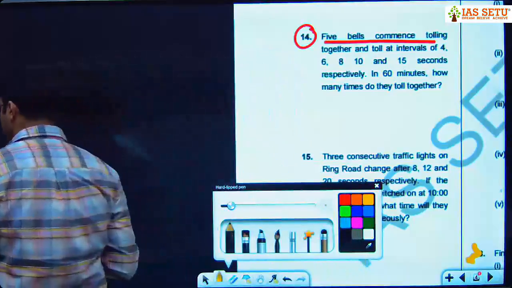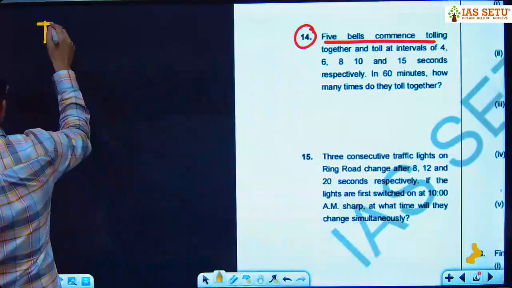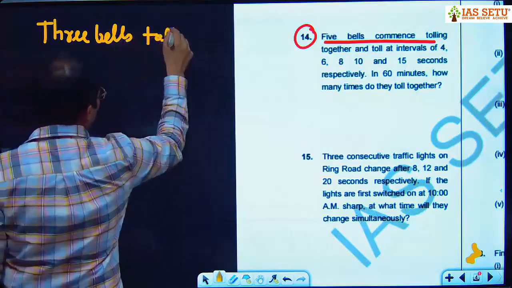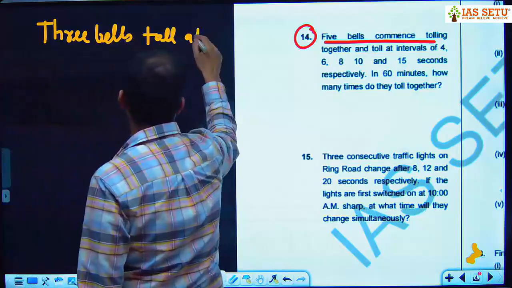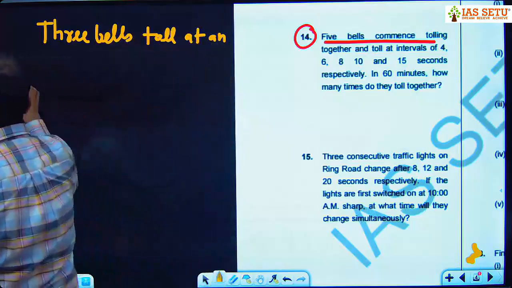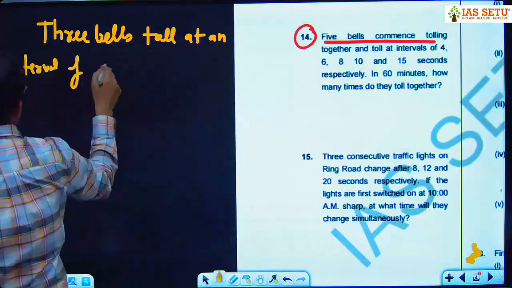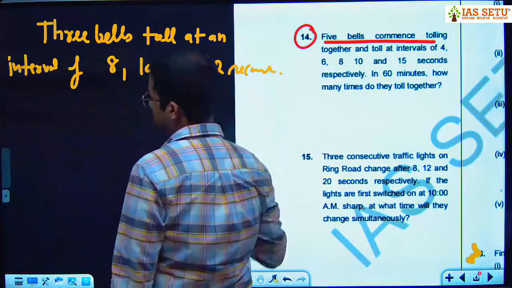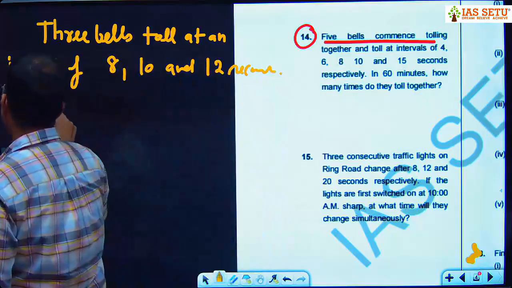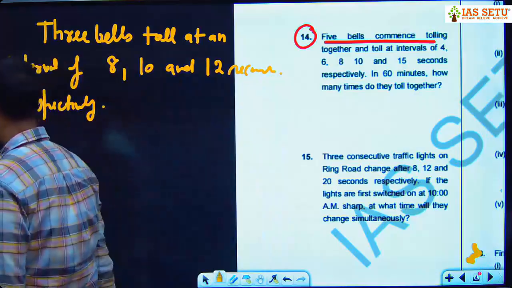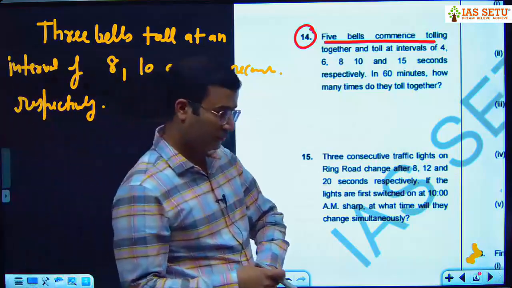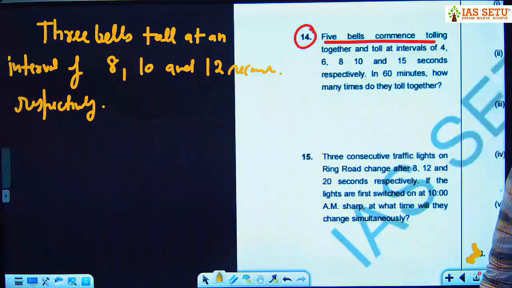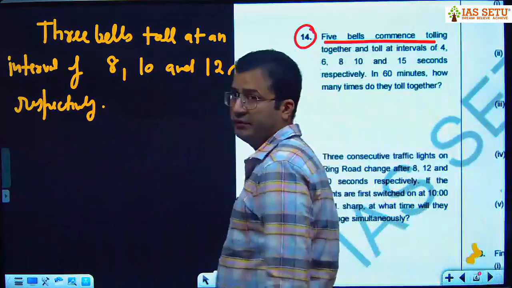You write one more question, then we will compare. I am giving one more question, you can write: 3 bells toll at an interval of 8, 10 and 12 seconds respectively.